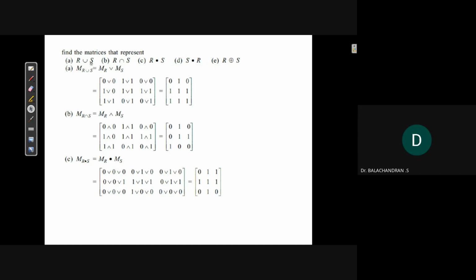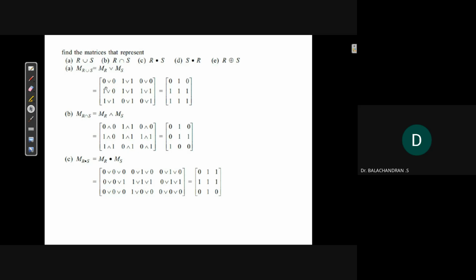First, the matrix representing R union S, M R union S, which is defined, as I told yesterday, by MR join MS. MR join MS means just matrix addition, and you know how to add two matrices.